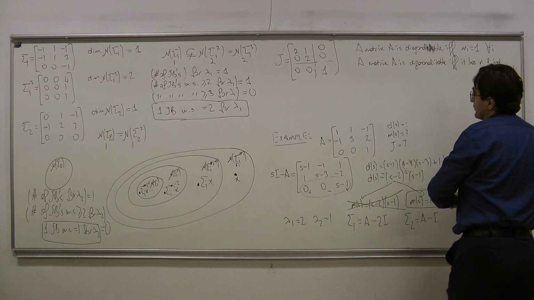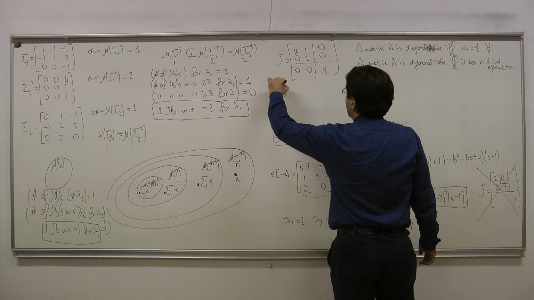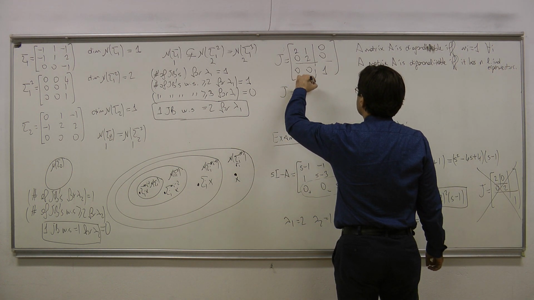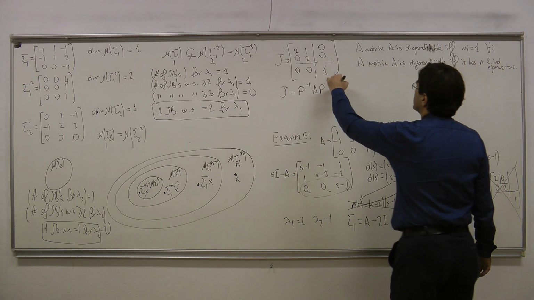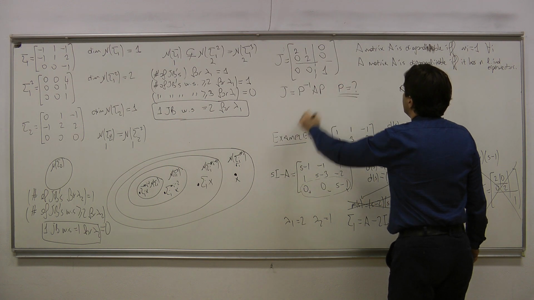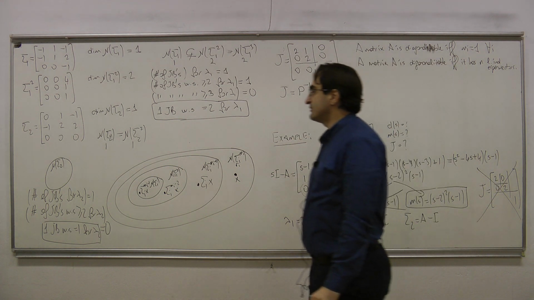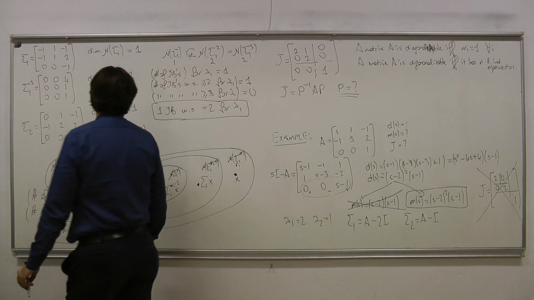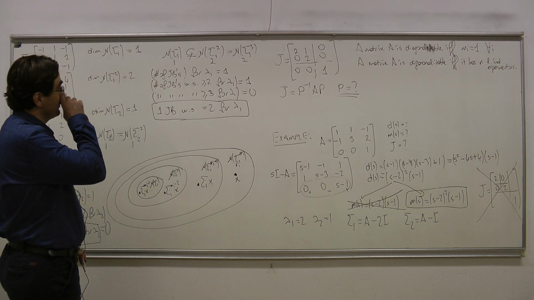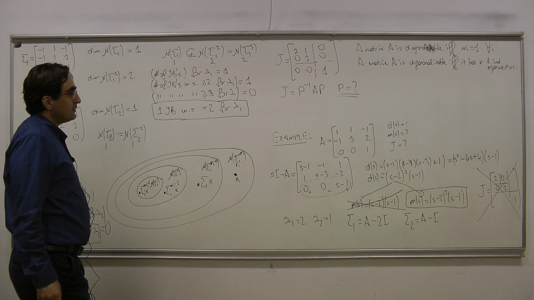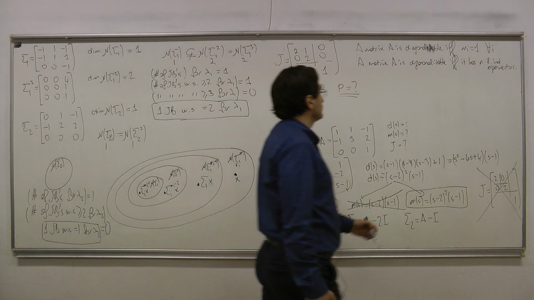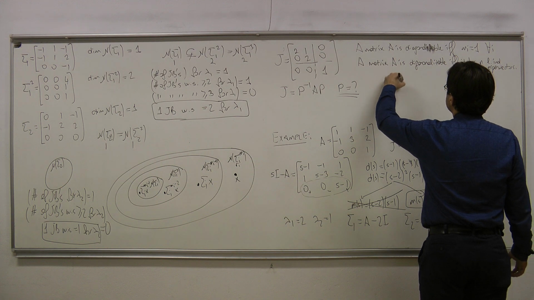So now I'm wondering what the P matrix is. I want the Jordan canonical form as P inverse AP, and I want to find what P is. In order to be able to find such a P, I'm going to be working with these null spaces for each of the eigenvalues. Let us now look at the first eigenvalue, lambda 1.